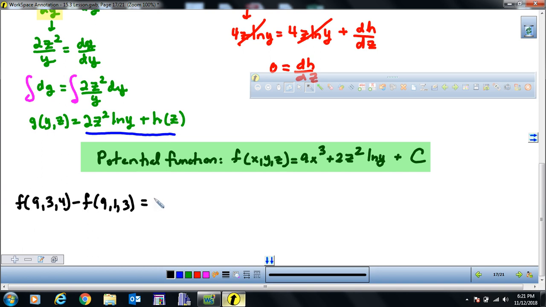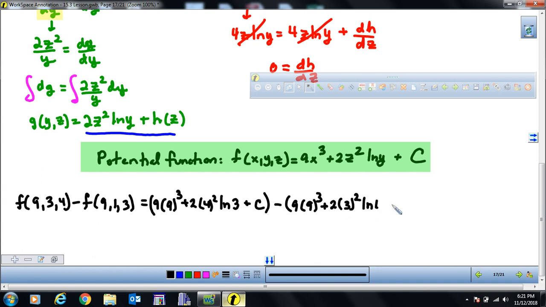Which is going to be 9 times 9 cubed plus 2 times 4 squared natural log of 3 plus some constant c, minus 9 times 9 cubed plus 2 times 3 squared times natural log of 1 plus some constant c.